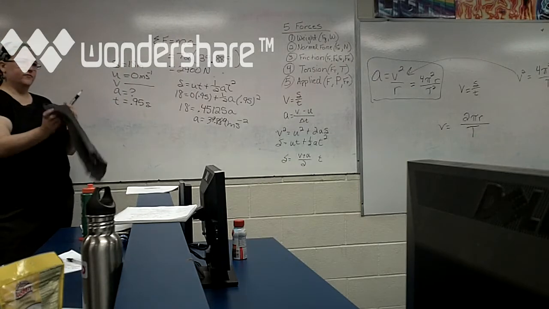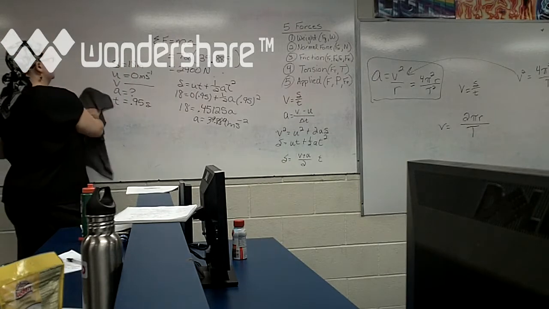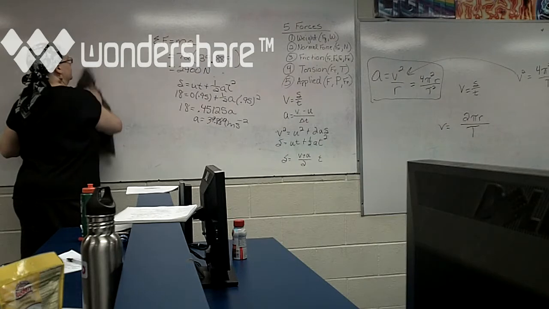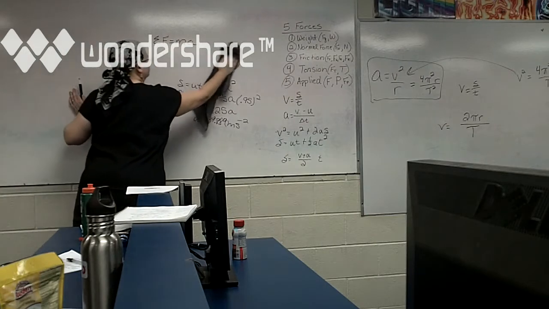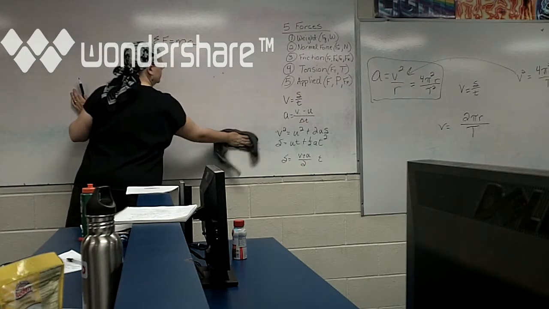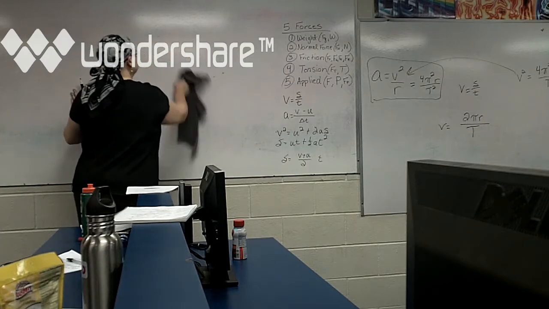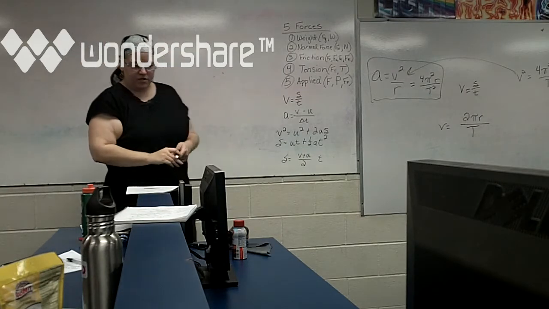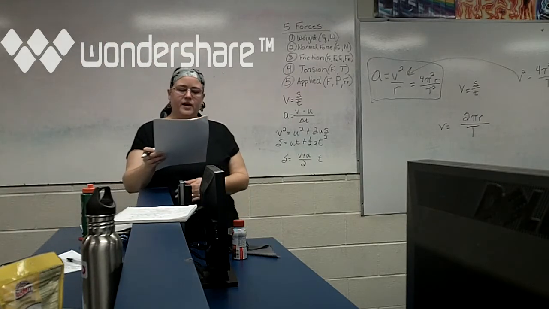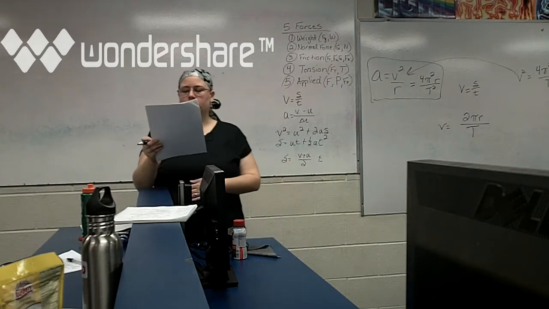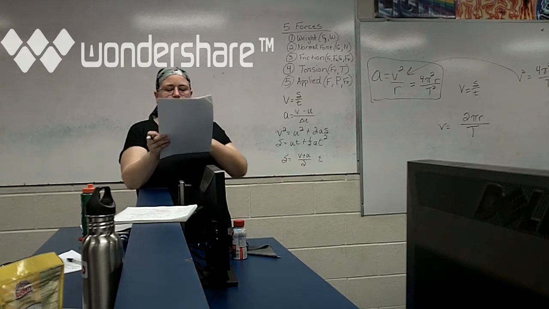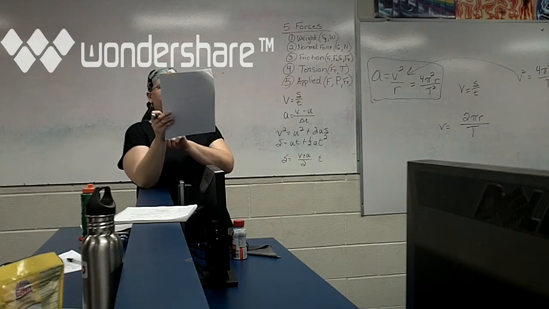So let's take it to the next level. Two forces, F1 and F2, act on a 5 kilogram block shown in the drawing. The magnitude of the force F1 is 45 and F2 is 25.